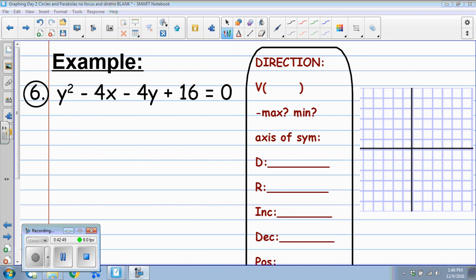Okay, so for this one, what's my non-squared term? X. So you have to get x by itself. In order for it to be in vertex form, you have to complete the square with y. Now, this is different than any other problem you've done with completing the square, because now we're completing the square and putting it back in vertex form.